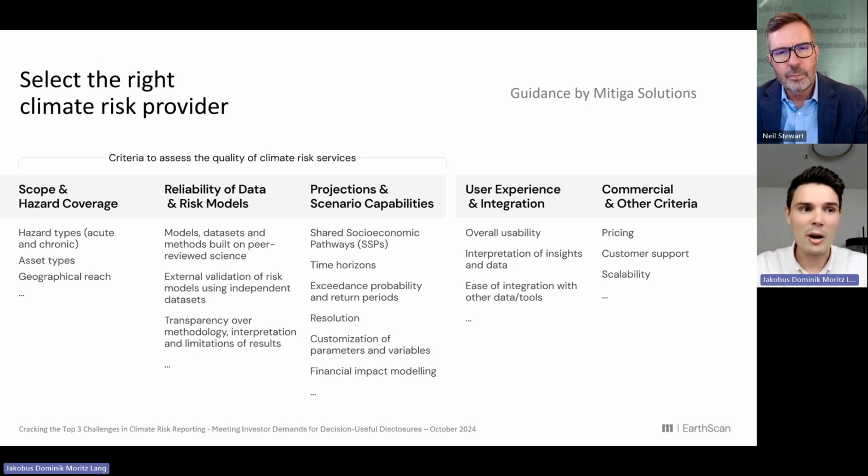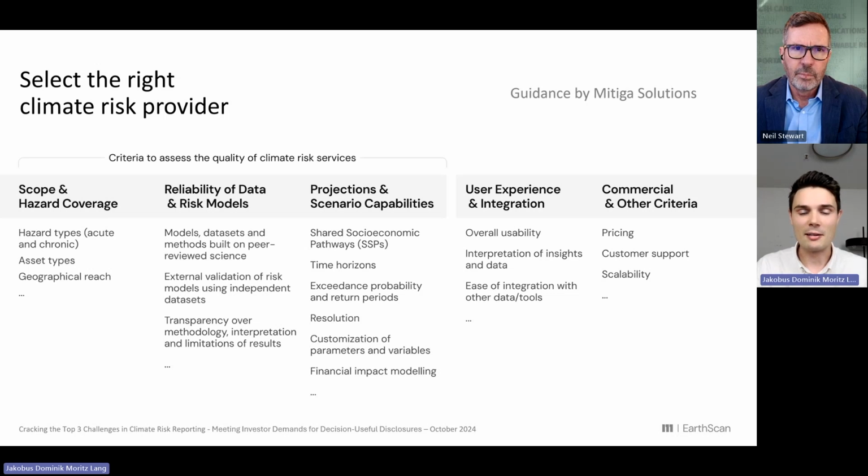It should be very transparent over the methodology and interpretation. Ultimately, that's not only because of a standard requirement, but it's also that companies ultimately need to work with the risk data that they receive from such providers.